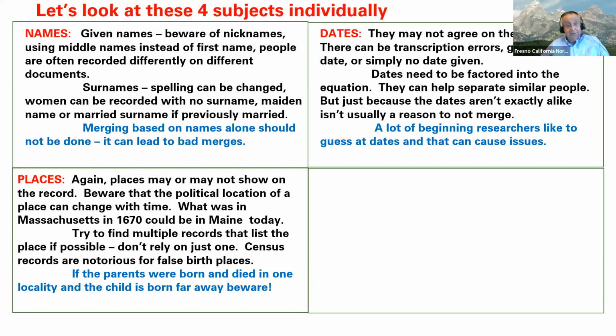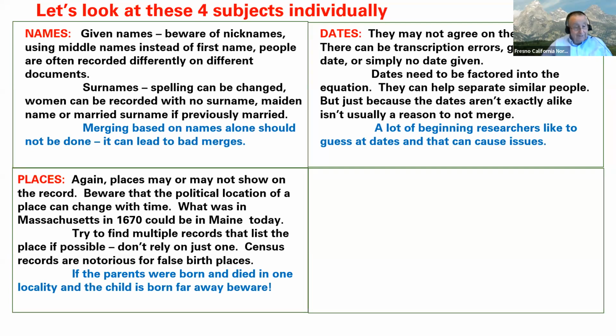Okay, places. One of the things on that is to be aware that some people will use the modern name for the place. Other people will use the historic name. I have a lot of ancestors from Maine, current modern day Maine. The problem with that is prior to 1670, it was Massachusetts.